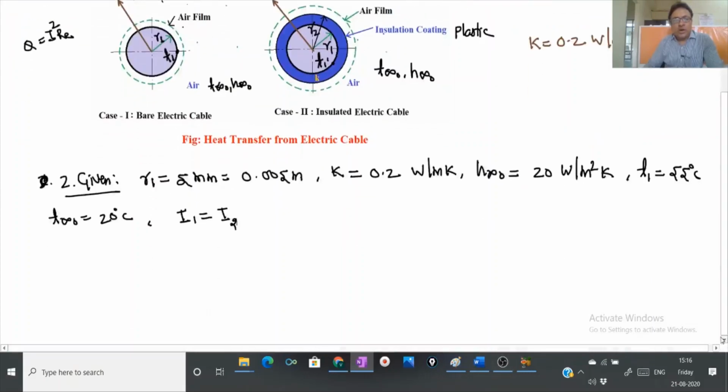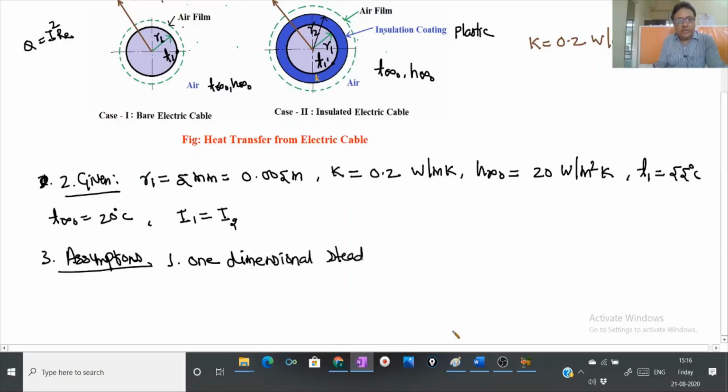After enlisting all the given parameters, now let us make some assumptions. Assumption number 1 will be one-dimensional steady state heat transfer. Second assumption will be heat transfer is taking place only in radial direction.